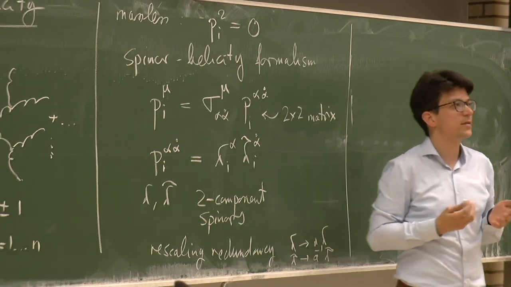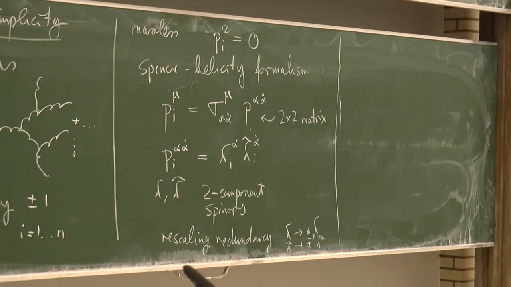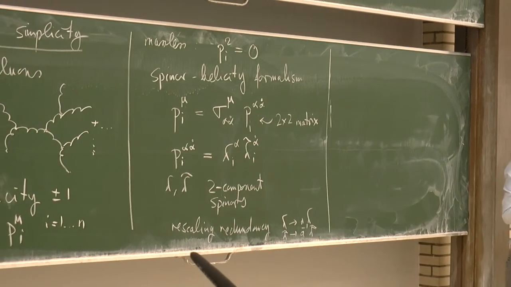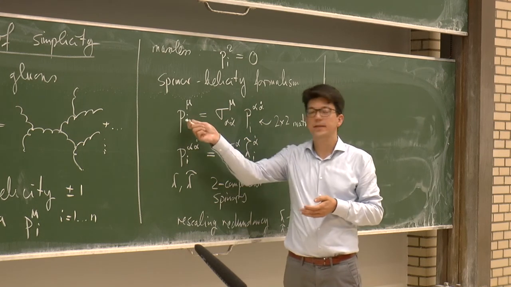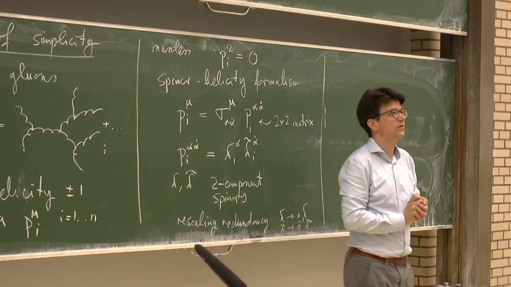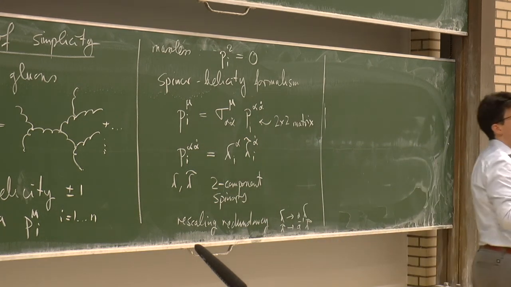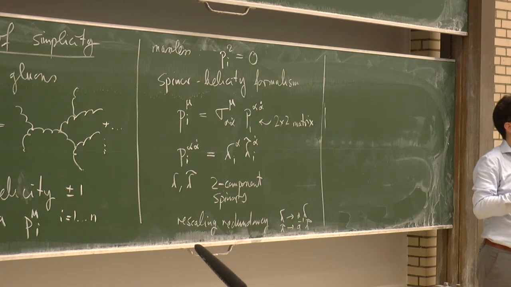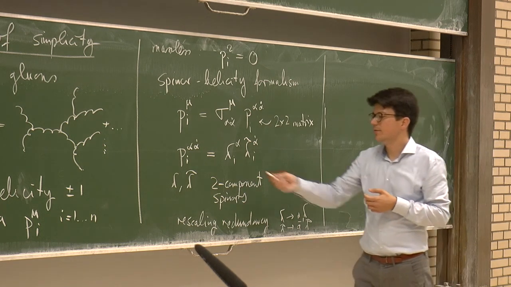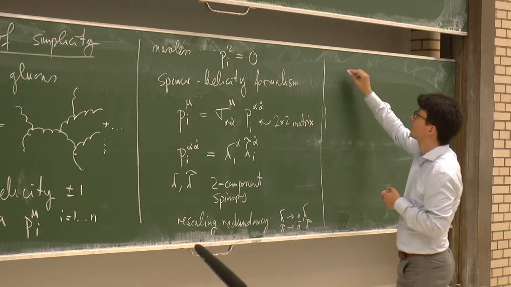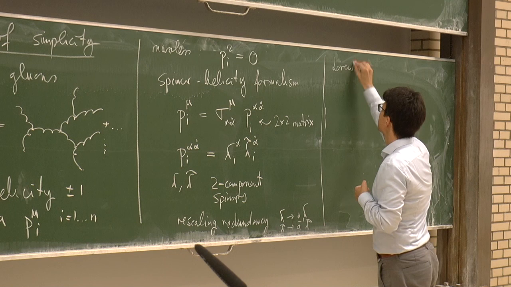So the question we can ask is what kind of Lorentz invariants can we build from these lambdas and lambda tildes? This is a bit like with momenta. You know very well what invariants you can build there. Basically, you take scalar products, and then you're guaranteed to have a Lorentz invariant. So similarly here with the lambdas, we build Lorentz invariants.